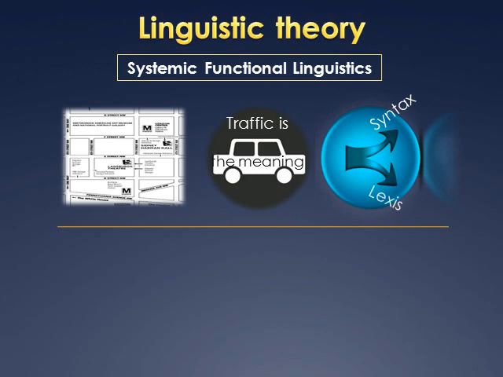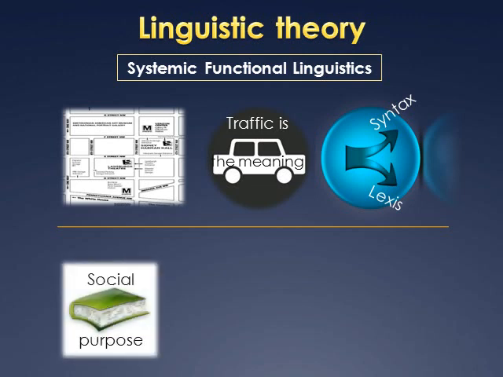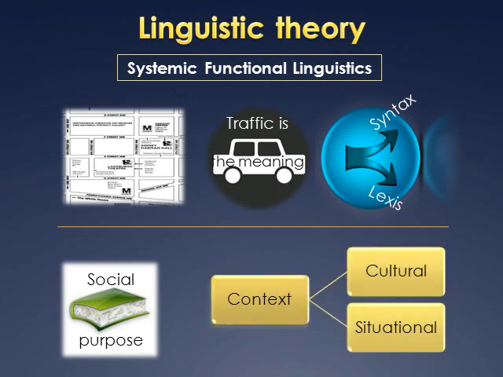According to systemic functional linguistics, language should also be recognized as text with social purpose. Language has to be understood within its broad cultural and situational contexts. The cultural contexts refer to the purposes, values, and shared experiences of culturally situated language users.